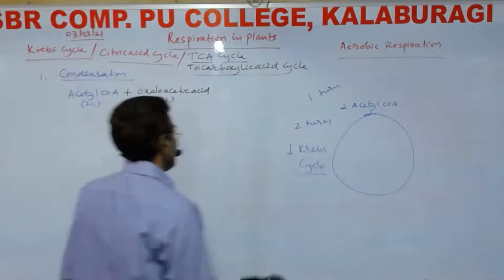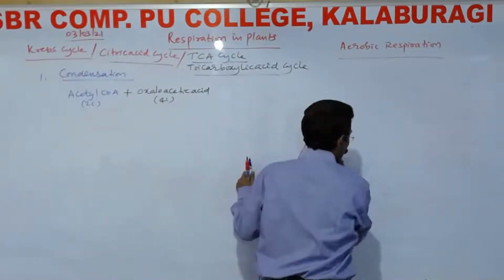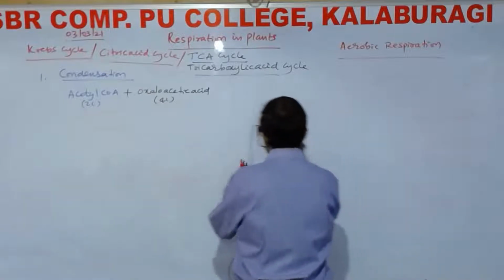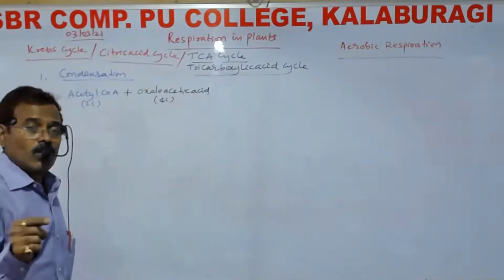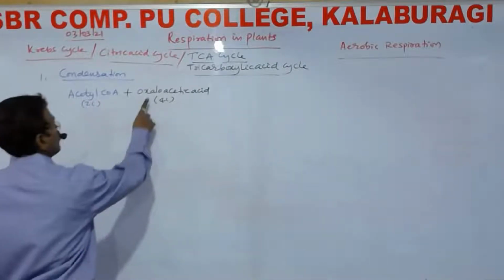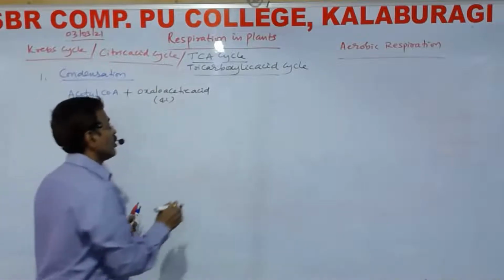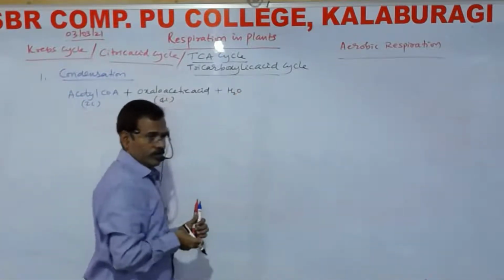So oxaloacetic acid can combine with acetyl coenzyme. So there should be oxaloacetic acid for condensation with acetyl coenzyme. So this is oxaloacetic acid. Here, water molecule can be used.